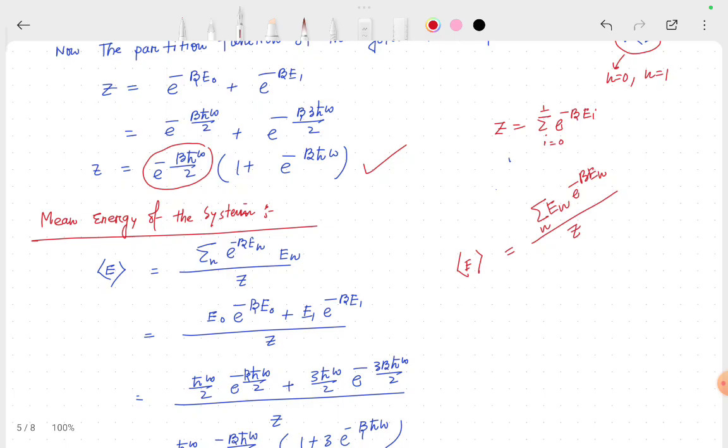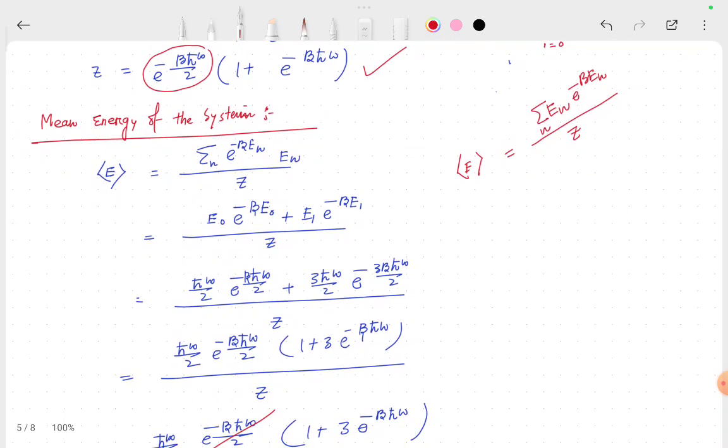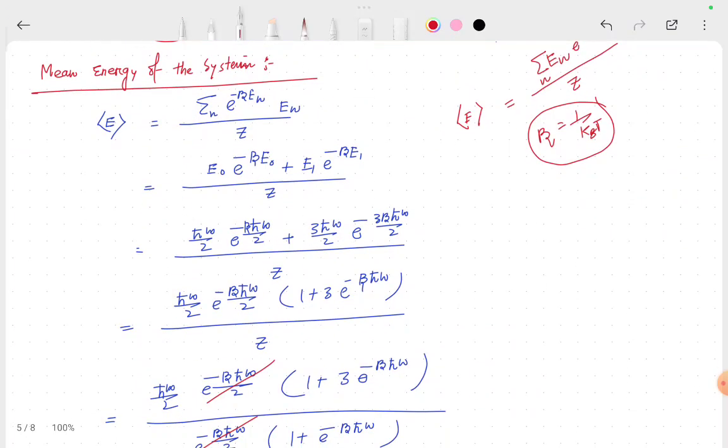We just use this. Here beta equals inverse temperature, beta equals 1 upon kBT, don't confuse with that. So e0 e to the power minus beta e0 plus e1 e to the power minus beta e1 upon Z. Next e0 equals h cut omega upon 2.